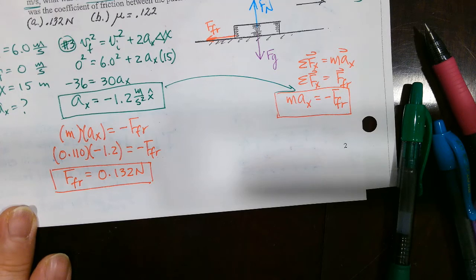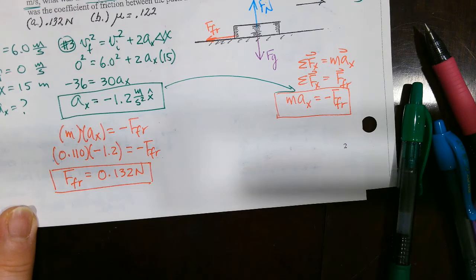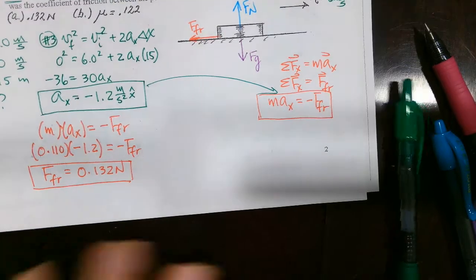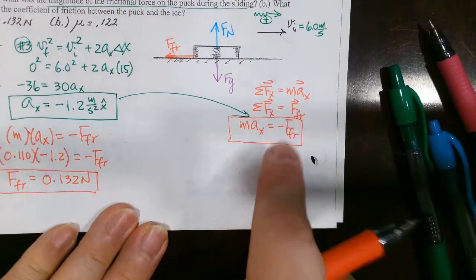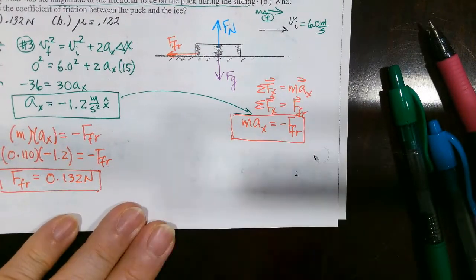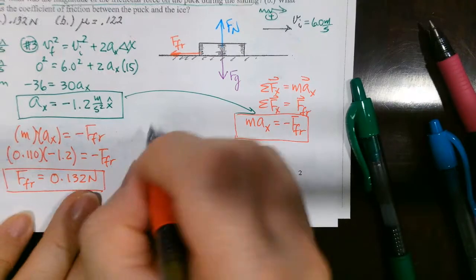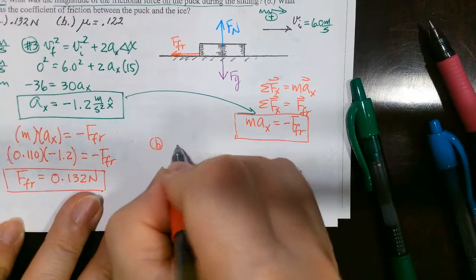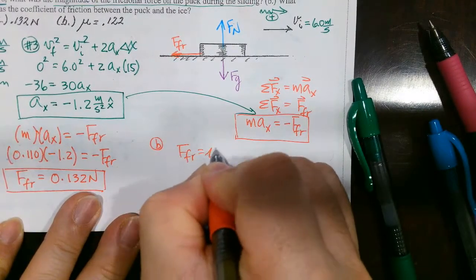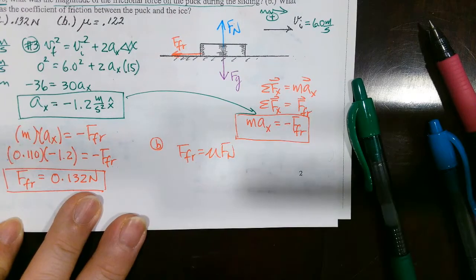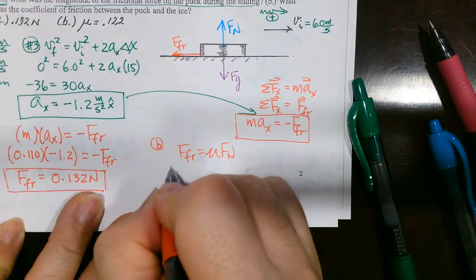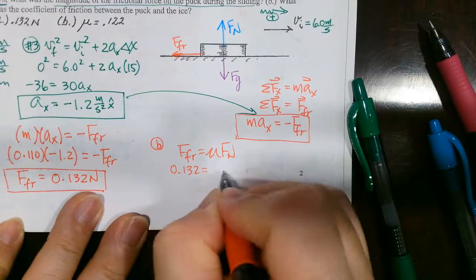Then for part B, they ask, what was the coefficient of friction between the puck and the ice? Now that we know this, for part B, frictional force is equal to mu times F normal. So frictional force came out to 0.132.